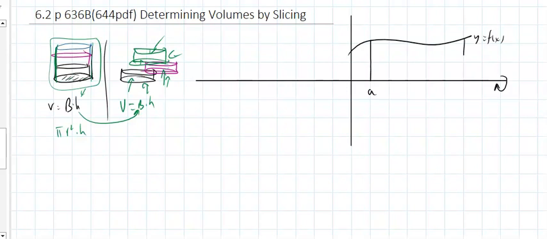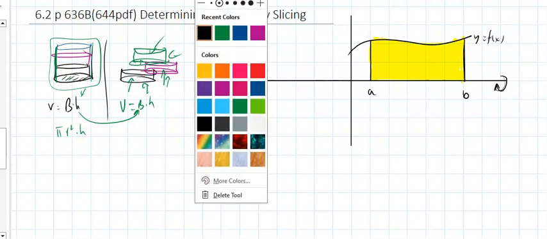If we have a function, I misspoke. If we take the following area, not the function would just be the line. If we take the following area and rotate it about the x-axis, what would happen?